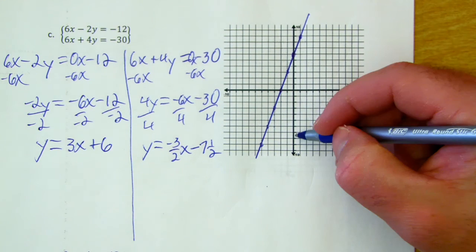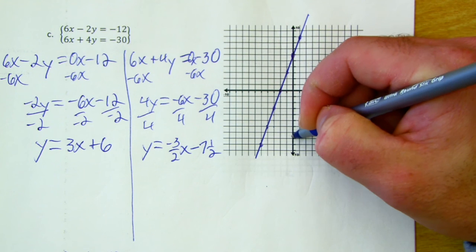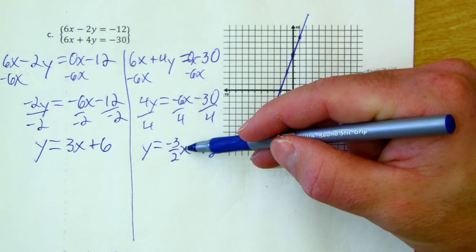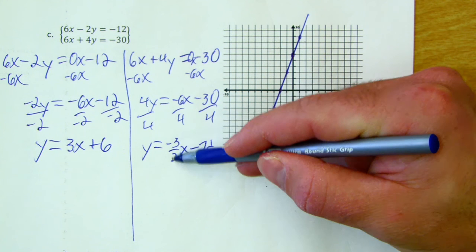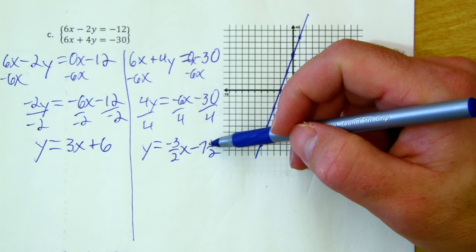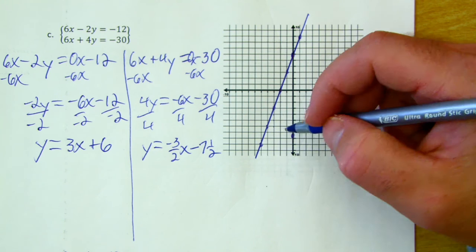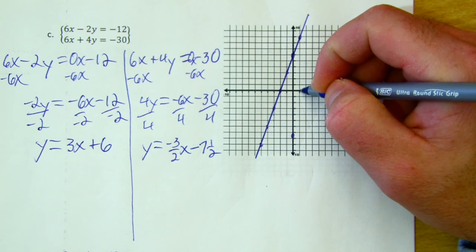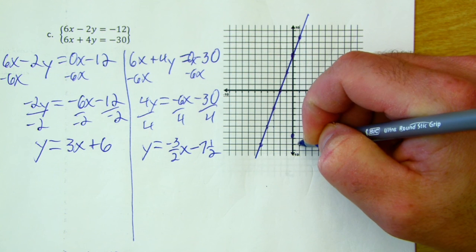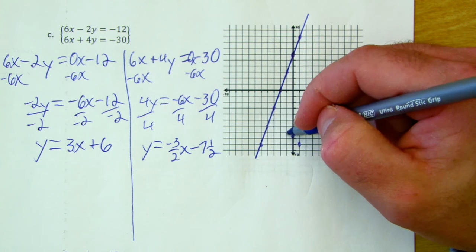So this second one, my y-intercept's at -7.5. So we're right in there. If you think about this, if I put 1 into here, I'm going to have -1.5. -3 halves is -1.5. So -1.5 minus 7.5 is going to be -9 there. So 1, -9. If you want to go to the right at -1, you're going to be adding 1.5 to that.